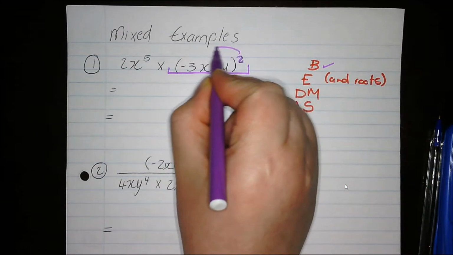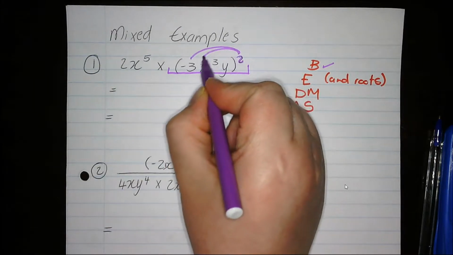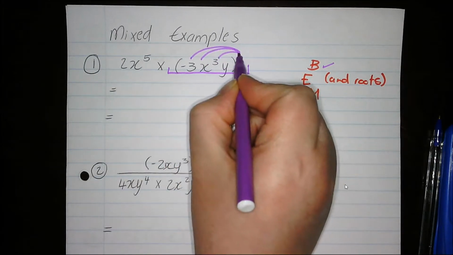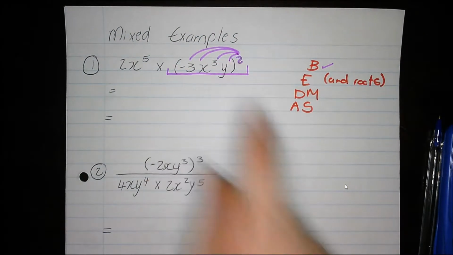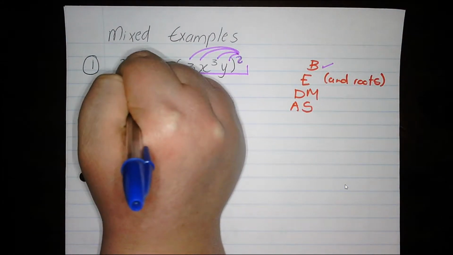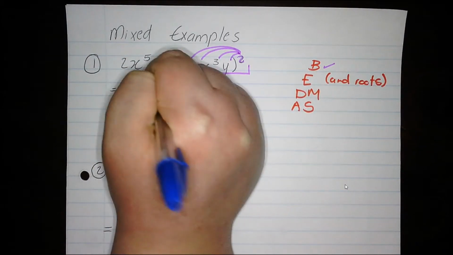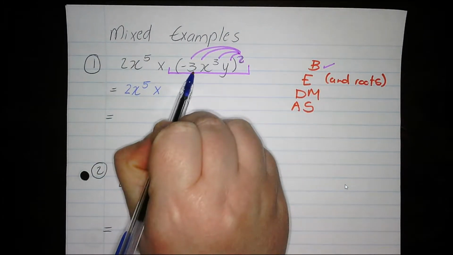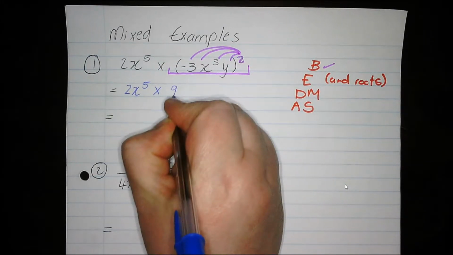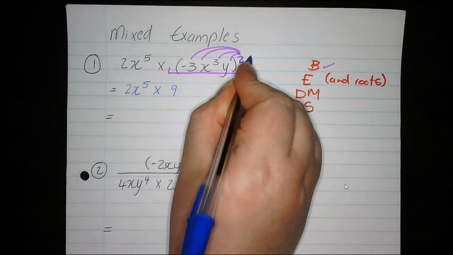We're going to give that exponent to the negative, to the 3, to the cube, and to the y. This is a combination of laws 3 and 4. So 2x to the power 5, times a negative squared is positive, 3 squared is 9, x to the power 3 squared.